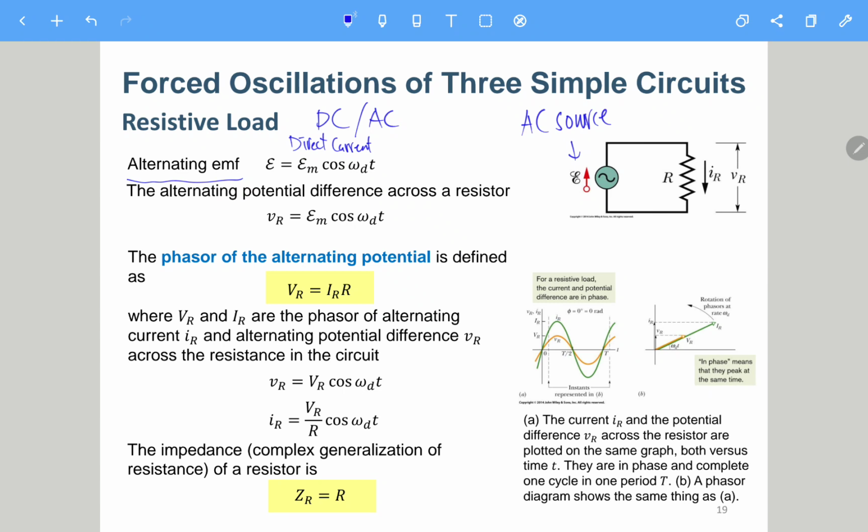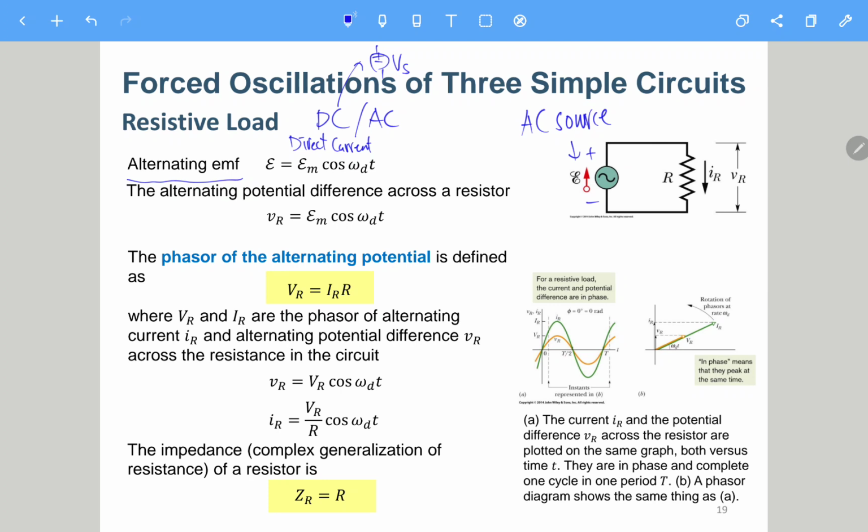Usually when I draw a DC source, I draw a circle with a plus or minus sign, and then I write V, just say VS, to specify this is a DC source. If I need to draw an AC source, I draw a circle with a sinusoidal inside. Of course you still need to consider the polarity, maybe this one is positive, this one is negative.